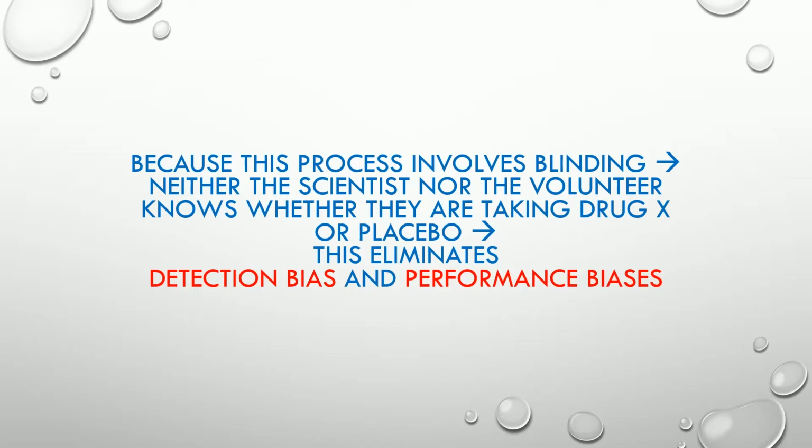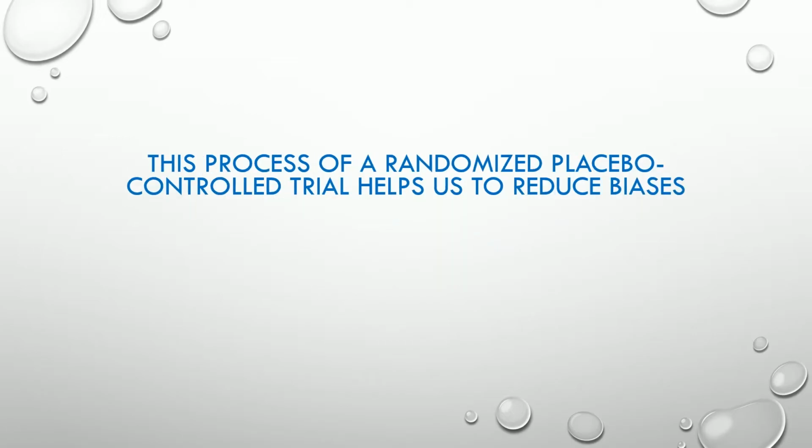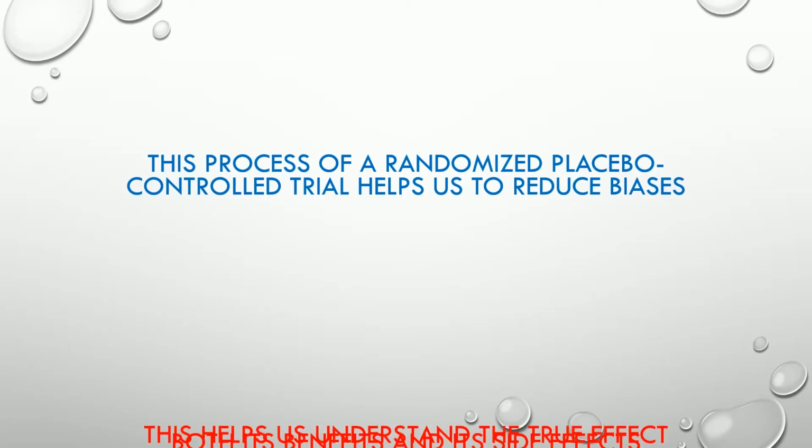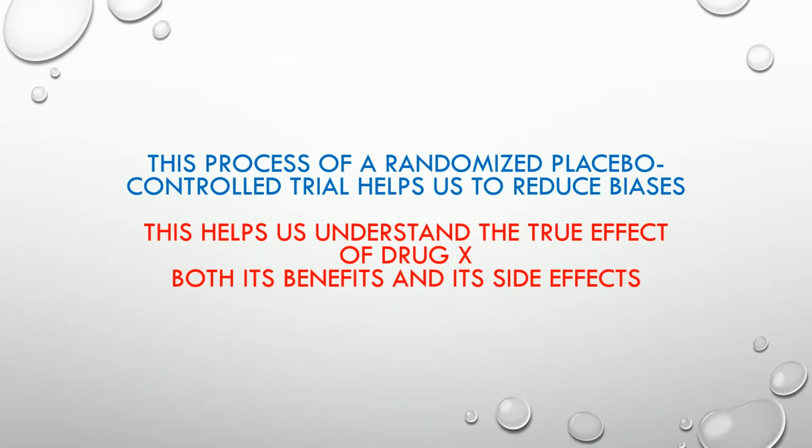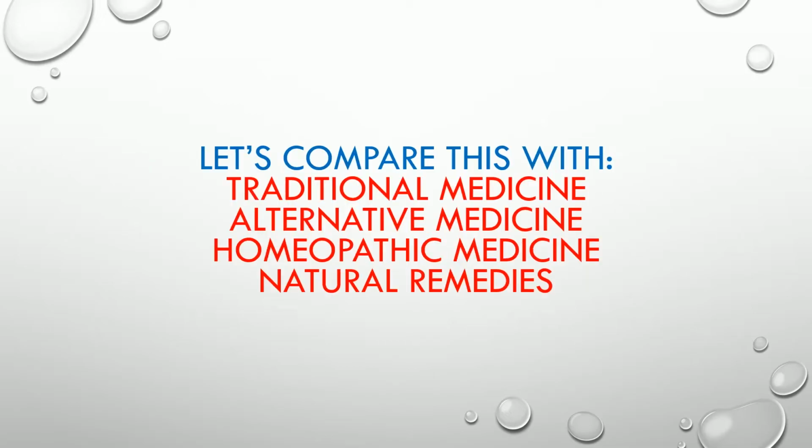This eliminates detection bias and performance bias. This process of a randomized placebo-controlled trial helps us to reduce biases. This helps us understand the true effect of drug X, both its benefits and its side effects.